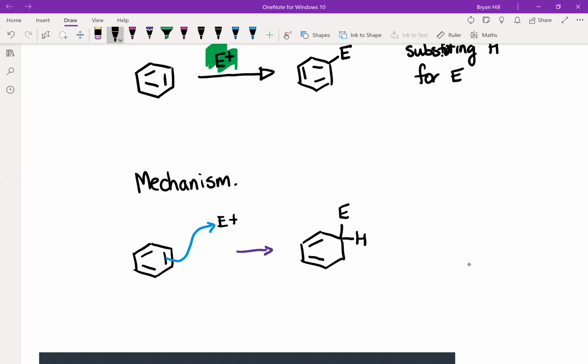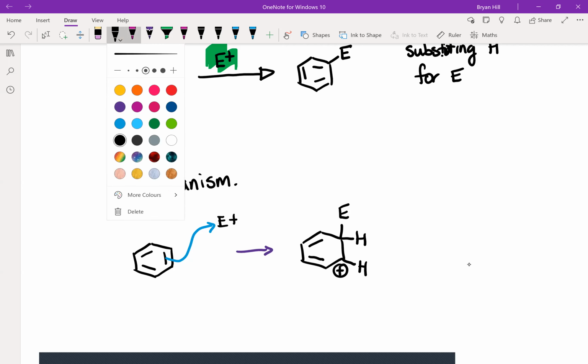On the proton next door, so the way I've looped this blue arrow, it's the top carbon which is getting the electrophile. On the bottom carbon, it still has that proton there. But because the pi electrons have gone to make that bond with E, this carbon now has a positive charge. And of course, this positive charge is stabilized by resonance within the rest of the ring system.